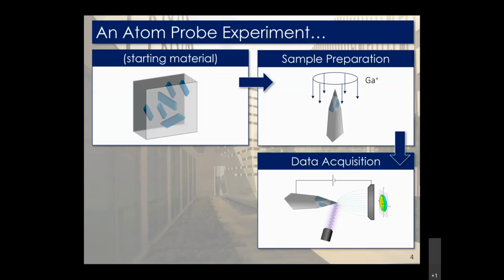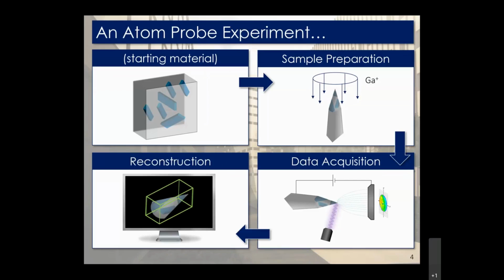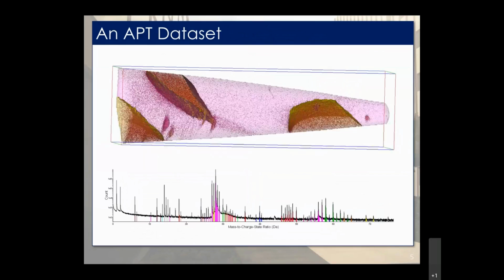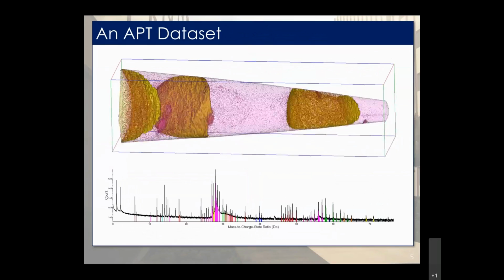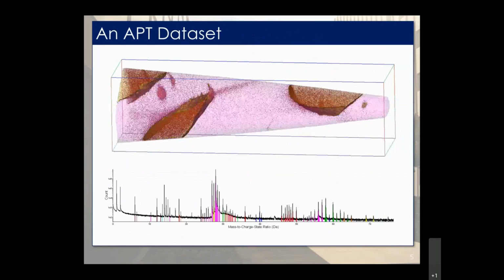But then the next part of the atom probe experiment, the data reconstruction, will be what we cover today. That's when you're taking the output from the acquisition stage, which is not immediately readable to get your scientific observations, and using that to build your 3D model of your material that you can then analyze to make your observations.